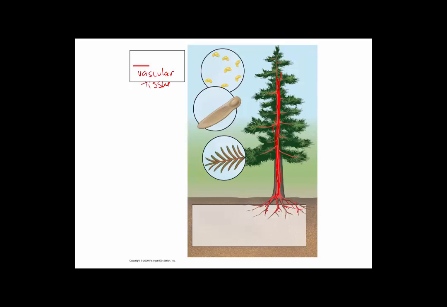So what the seed plants have, this is a conifer. I think the slide that's labeled says it's a pine tree, but I don't think it's a pine tree. Not with leaves like this. Pine trees have leaves in clusters. I'm not sure what kind of conifer this is supposed to be. But what the seed plant has is, surprise, seeds. And the other thing that the seed plants have is pollen.